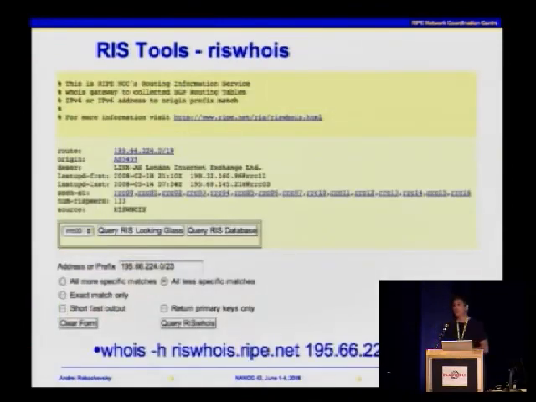RIS whois has a standard command line whois interface. It's useful for scripts that can use this service. It actually presents information about a particular prefix in pseudo RPSL form that is recognizable by some route configuration tools.